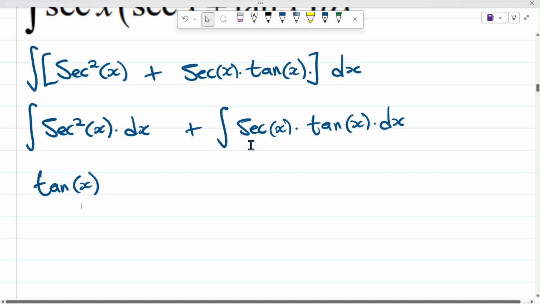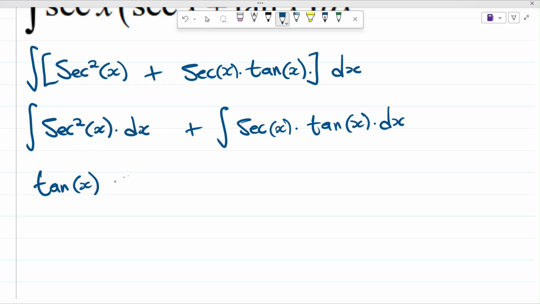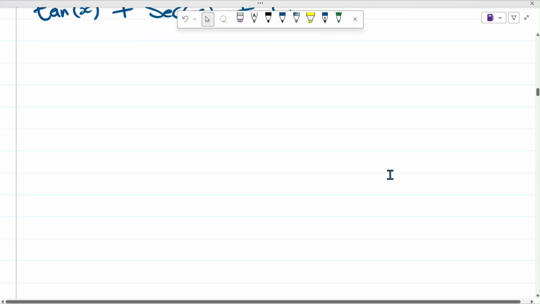So what you're going to ask yourself here is, what is it that was differentiated for you to get sec x tan x? It is your sec x. So the thing that was differentiated for you to get positive sec of x tan x was positive sec of x, then plus c. Ta-da! You have your answer.